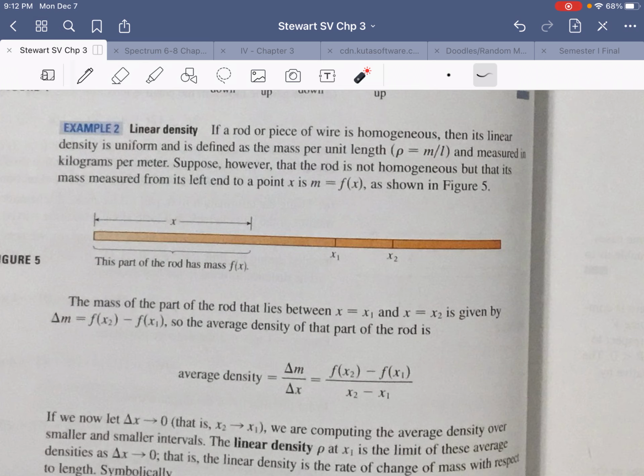You're probably most familiar with what they call homogeneous density, where it's just the same density all throughout. But this is a situation where it's kind of weird, where it gets denser the further on you go. And what they're trying to do is find the rate of change of the linear density.